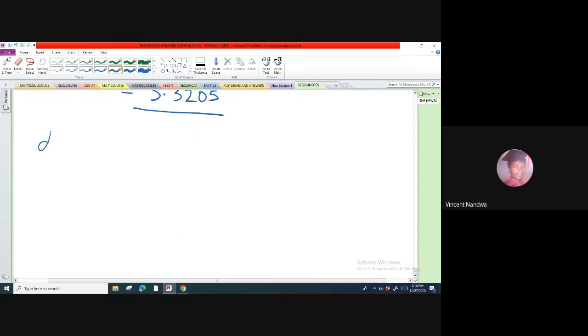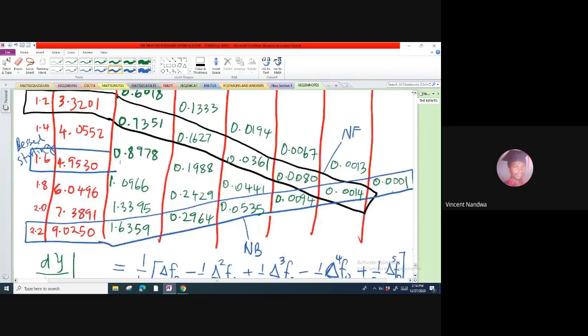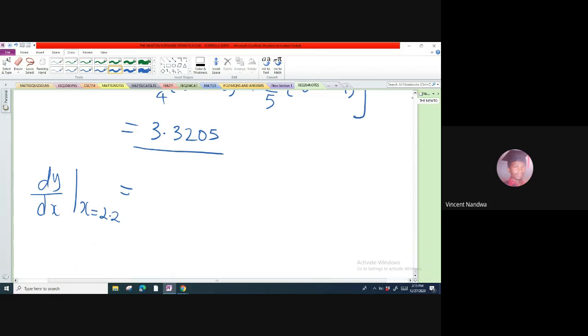And then for dy/dx at x equals 2.2, because 2.2 is at the bottom, we use the Newton backward difference formula. Once you identify that diagonal, it is going up to the 6th difference.